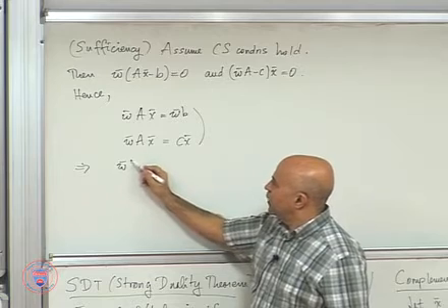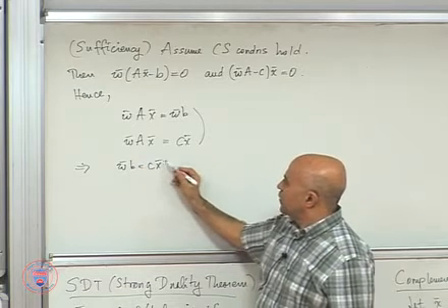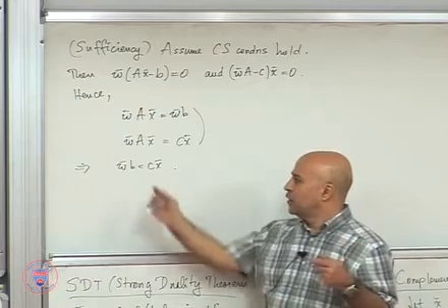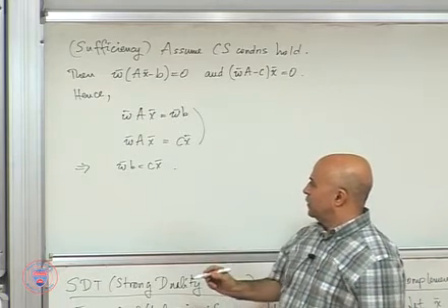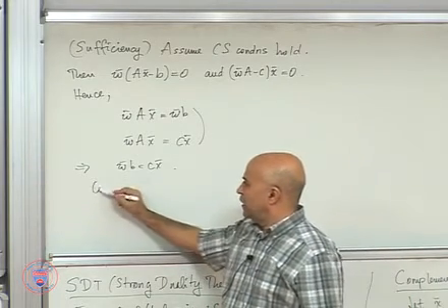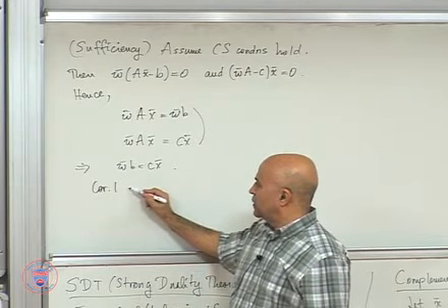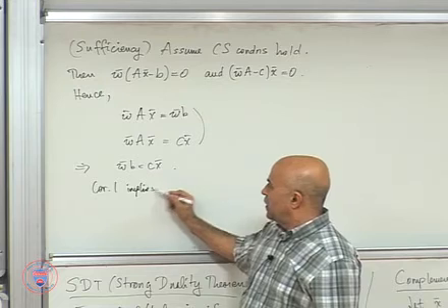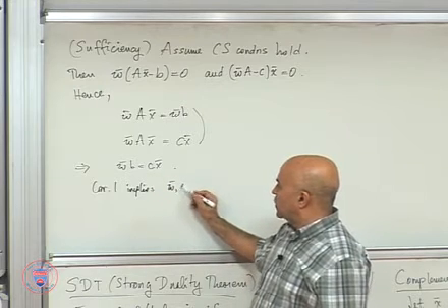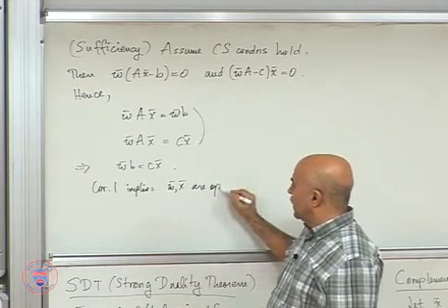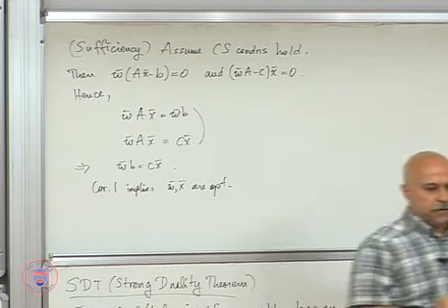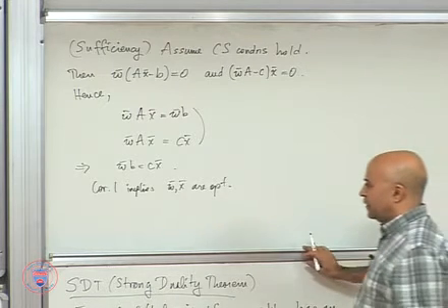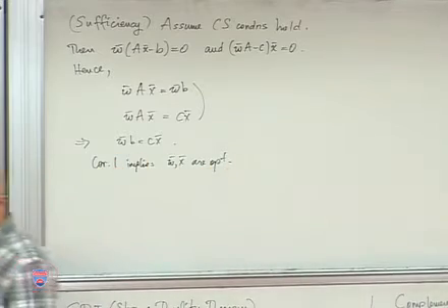So w bar b equals c x bar. And so you have a feasible pair of solutions whose objective values are equal. And corollary 1 implies w bar and x bar are optimal to their problems. Okay? All right. So that's the complementary slackness theorem.